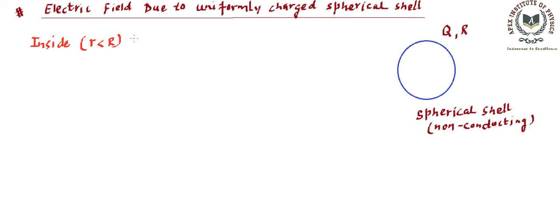So that's the inside location, and the field in this inside location is going to be E equal to 0 at all the points. Outside of this spherical shell the field has a formula which is given by this.